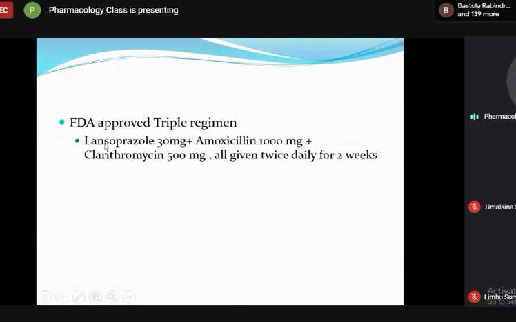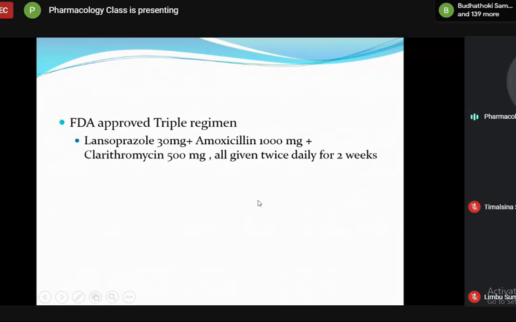The regimen with lansoprazole 30 milligram, amoxicillin 1000 milligram, and clarithromycin 500 milligram is the FDA approved triple regimen for H. pylori with peptic ulcer. All these drugs are given twice daily for 2 weeks, so that the patient will remember to take the medicine on time.